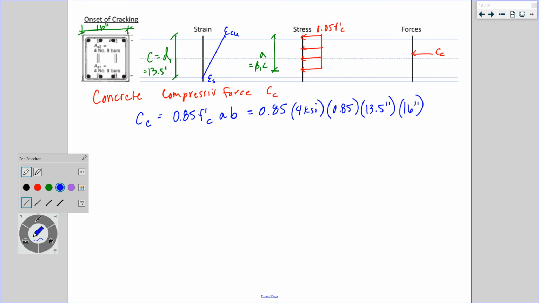So this is the same stuff we've been doing all semester. Now we just have an assumed strain profile instead of trying to guess what it is and going back and changing it.